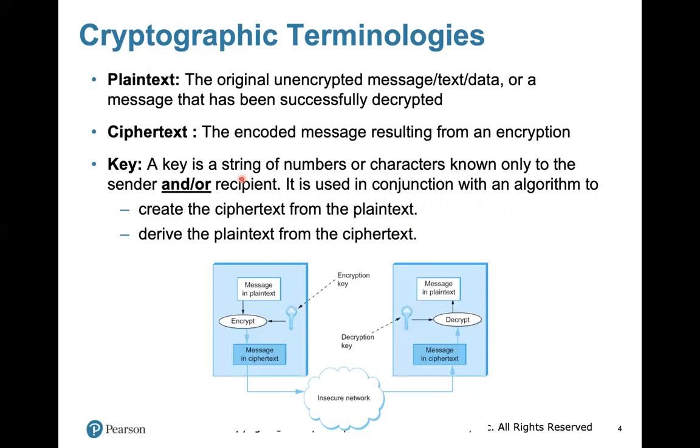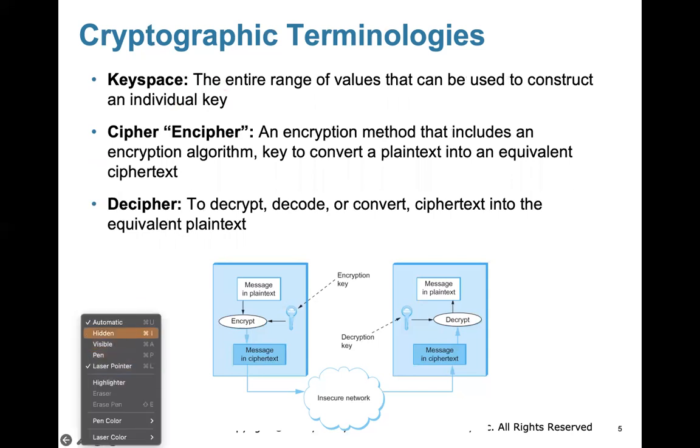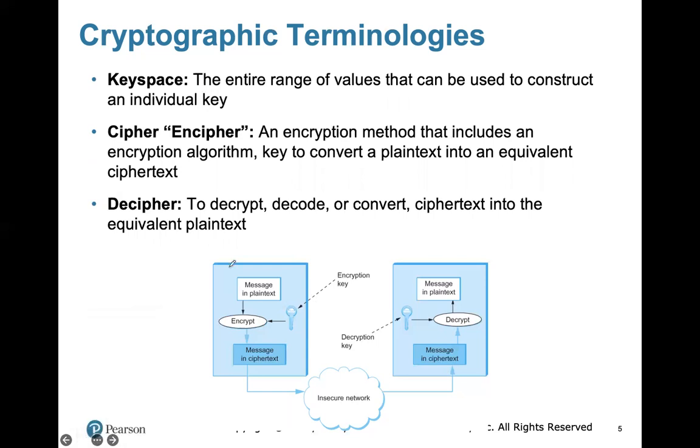So the length of the key in terms of characters, whatever it is, at the end of the day is going to be translated into some bits. And let's assume that, for example, our key is 64 bits. We have a key of 64 bits. So with the 64 bits that we have in our key, what is going to be the total number of keys that I can use in this space?